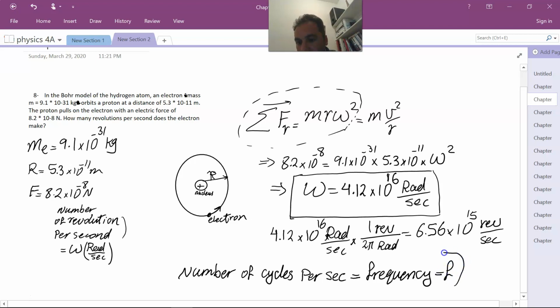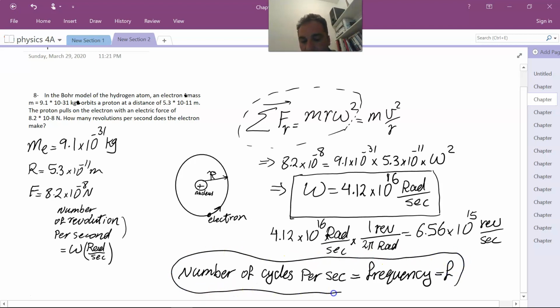We show it by little f. So when it says 6.56 times 10 to 15 revolutions per second, in reality, this is the frequency of rotation. Frequency of rotation. Okay? Yes.